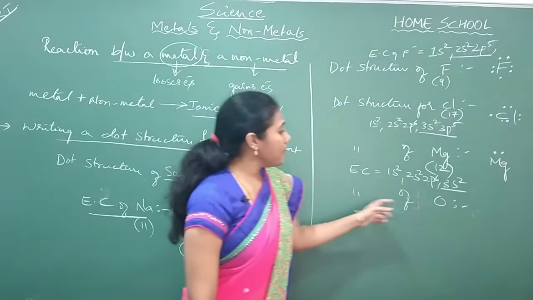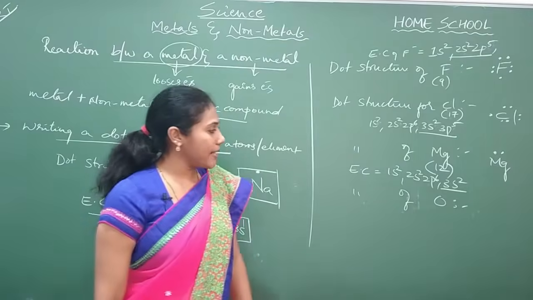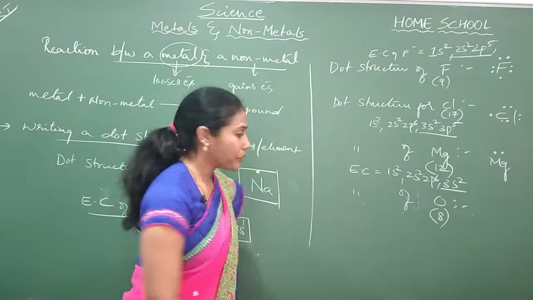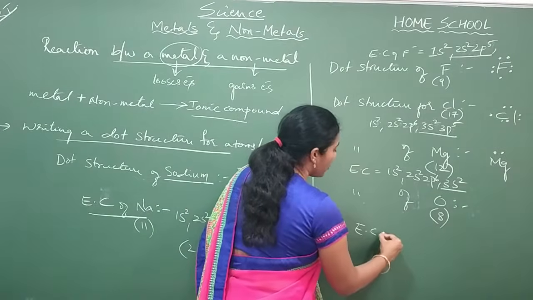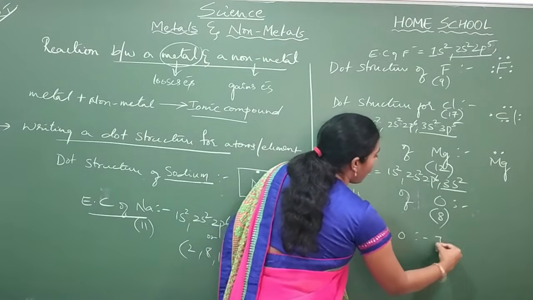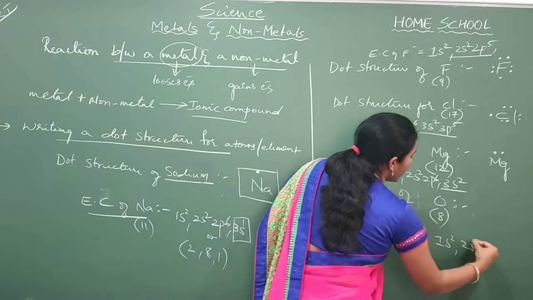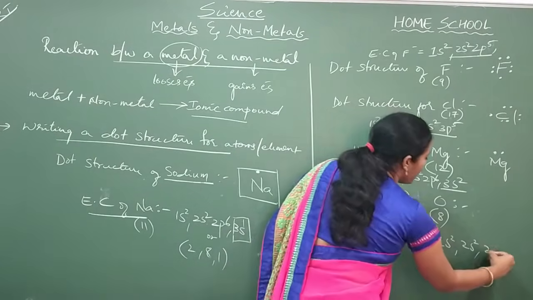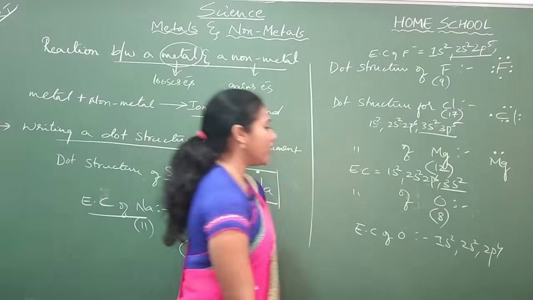And in a similar way, what is the dot structure for oxygen? Oxygen atomic number 8. What is the electronic configuration of oxygen? 1s2, 2s2, right? How many are over? 4 is over. Next, the 2p orbital will have 4 electrons.